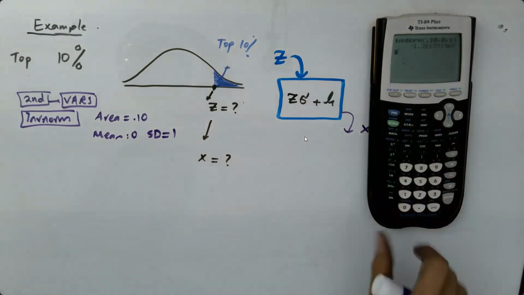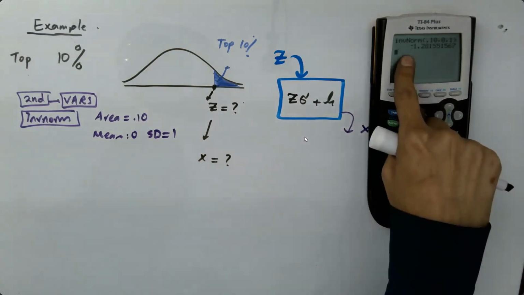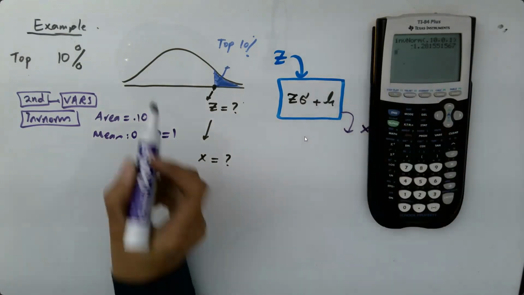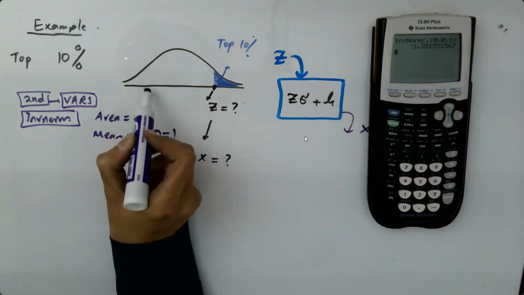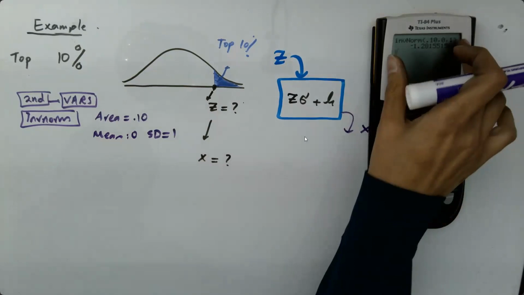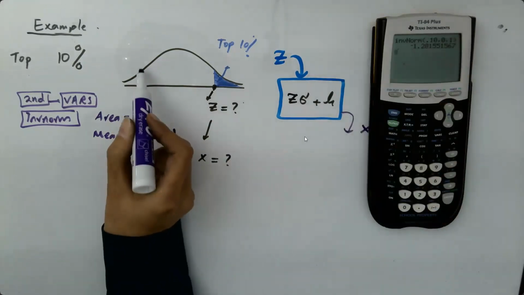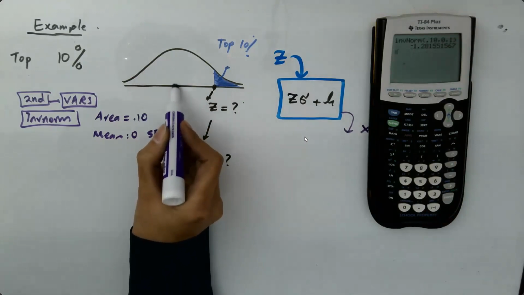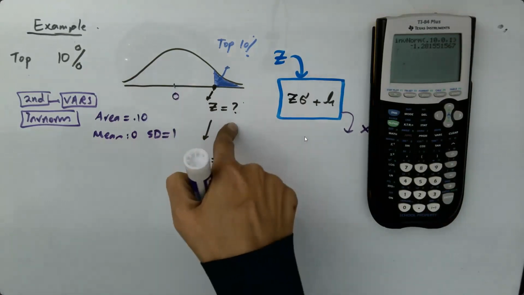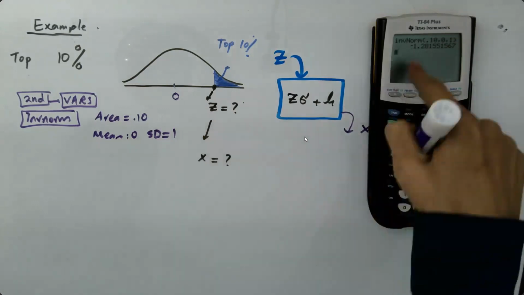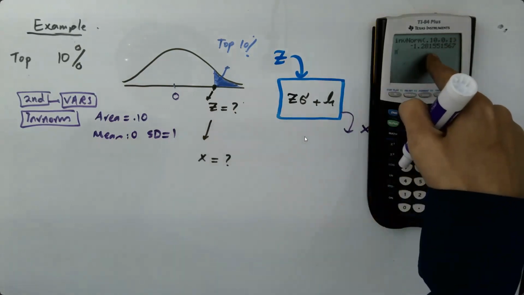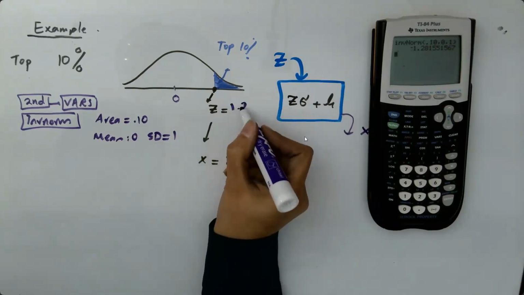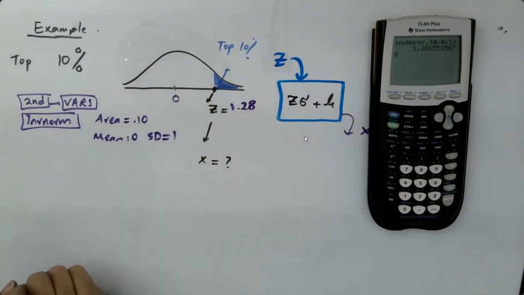Let's do the paste. The number that is written here is negative because it gives you the Z value on the left-hand side. The calculator computes the area to the left. Since the mean is 0, the Z, which is the mirror image of negative 1.28, is going to be positive 1.28.